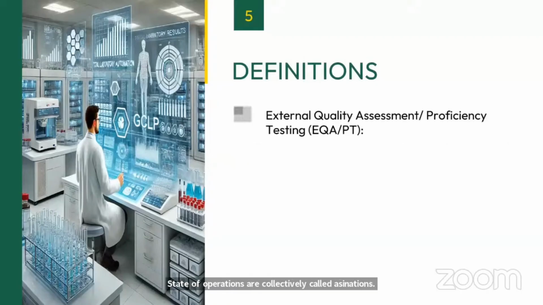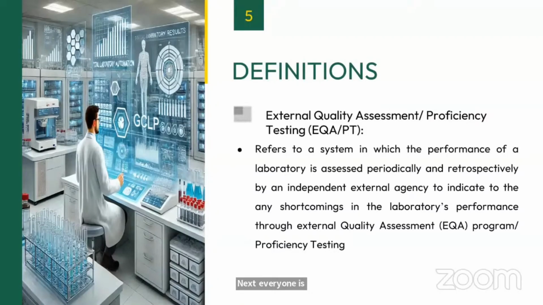Next terminology is external quality assessment or proficiency testing. It refers to the system in which the performance of a laboratory is assessed periodically and retrospectively. Your performance is monitored retrospectively and on a periodic basis in comparison with an independent external agency, an independent laboratory or a third party agency.